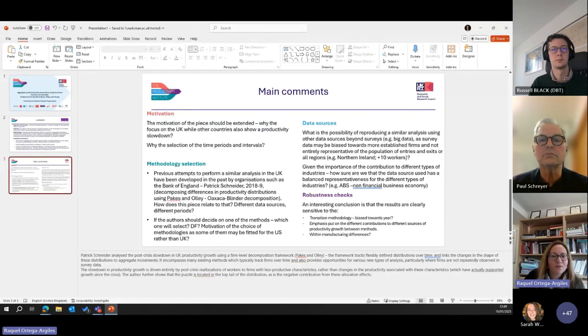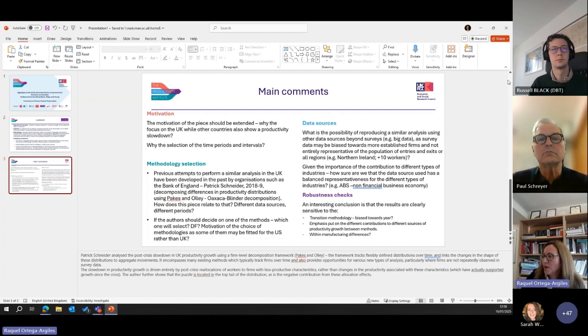Russell was talking about the fact that the data source they are using, when using these intervals, might undermine the entries because of the number of employees.